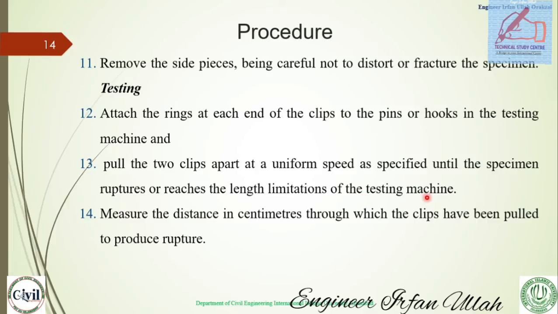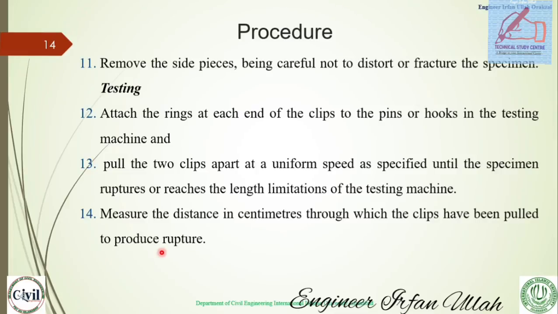The two clips are pulled apart at 50 mm per minute, and the specimen of the bituminous material will be elongated, and you will find the length just before breaking the specimen. Measure the distance in centimeters through which the clips have been pulled to produce rupture.